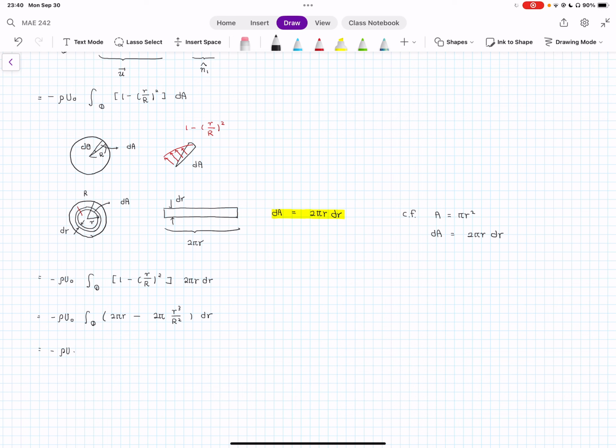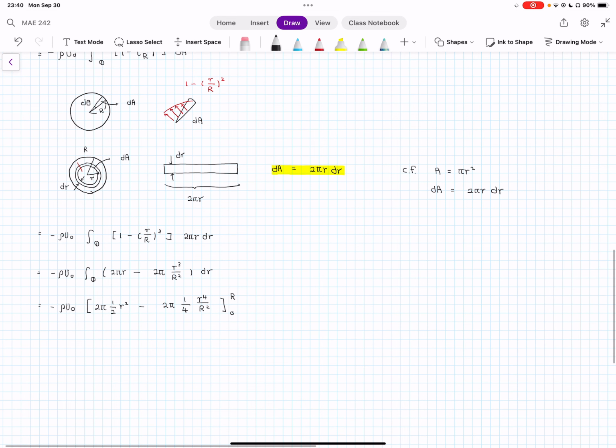And it's rho u naught. I still have the 2 pi factor, but let's keep it. It's 2 pi times 1/2 r squared minus 2 pi times 1/4 r to the power of 4 over R squared. You do the integration from 0 to the maximum radius R, minus rho u naught.